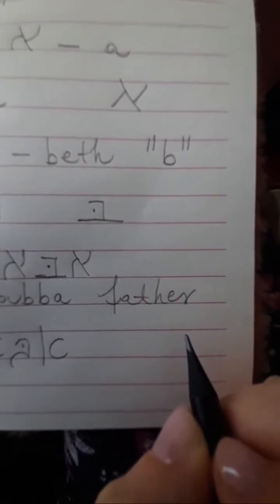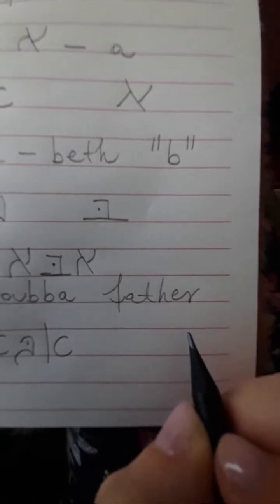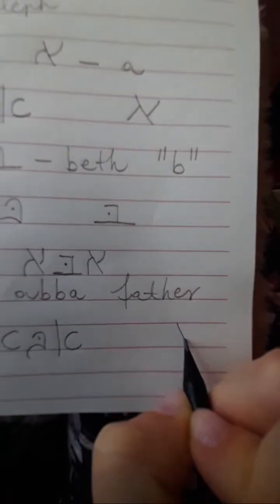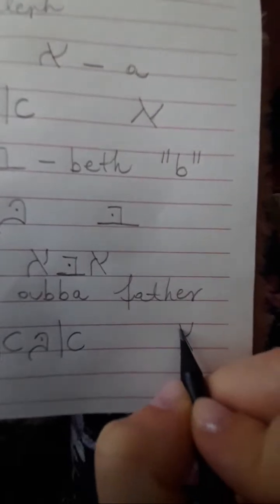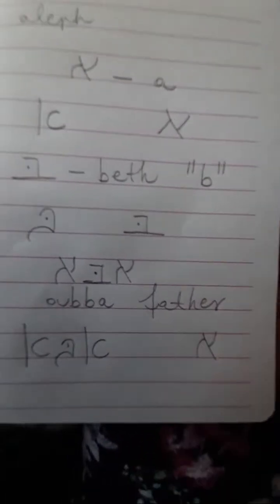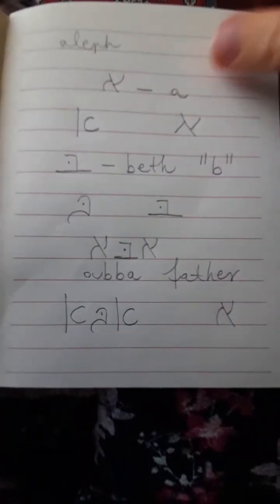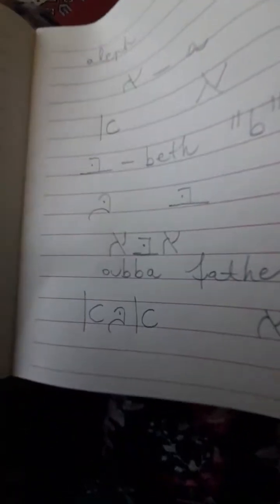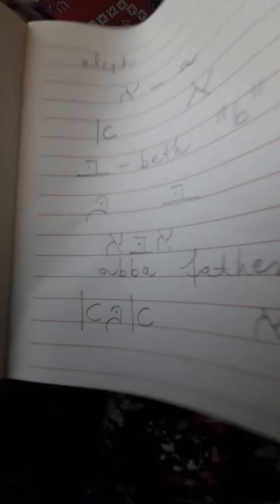Can I write it here? Is there enough space? I don't know, but let's see if I can write. Okay. Oh, sorry, one more time. Sometimes I make mistakes. It's easy to make mistakes when you learn, and you have to keep repeating. So I was going to write Abba in print form, so I should not forget that it is like this.